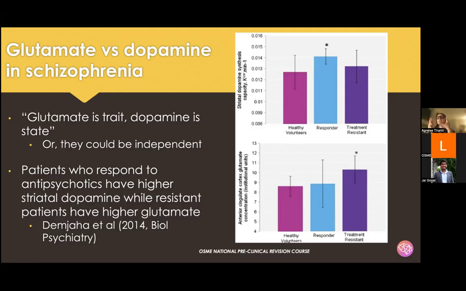There's patients who have increased dopamine and they're going to respond to antipsychotics. And there's patients who have increased glutamate and they will not respond to antipsychotics because antipsychotics target the dopamine transmission. So yeah, this is a hypothesis in which glutamate and dopamine are both involved in schizophrenia, but they are independent of each other.